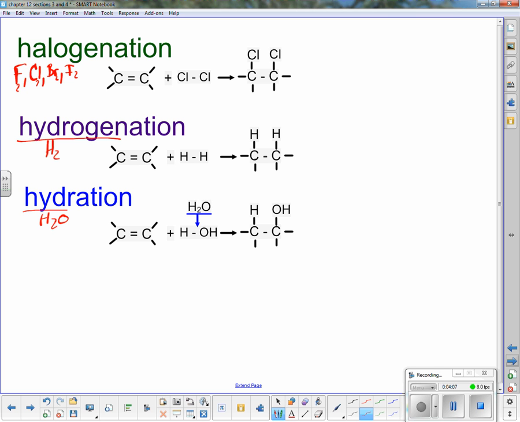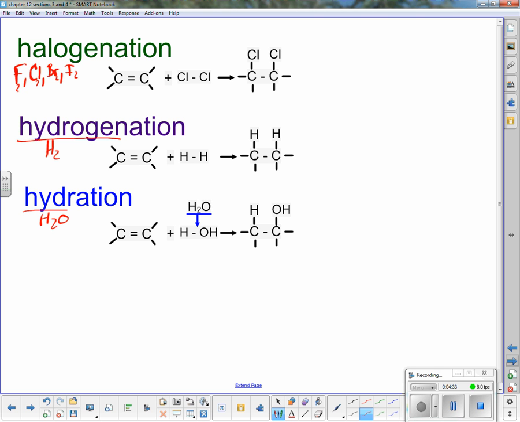Okay? So with halogenation, you just put 1 on either side of what used to be the double bond and you're good. With hydrogenation, same thing. You just put a hydrogen on each side. Now you've heard of Crisco's hydrogenated oil. Peanut butter sometimes is hydrogenated. They're putting hydrogen in, breaking up some of those double bonds and making them single bonds. That makes things thicker.